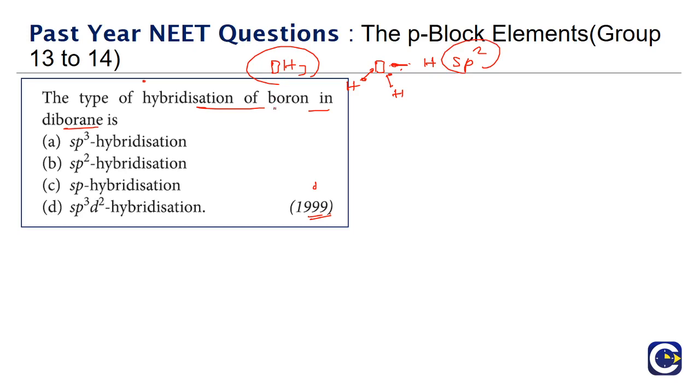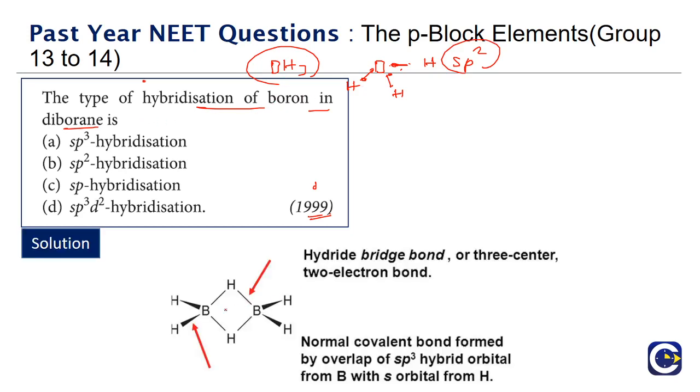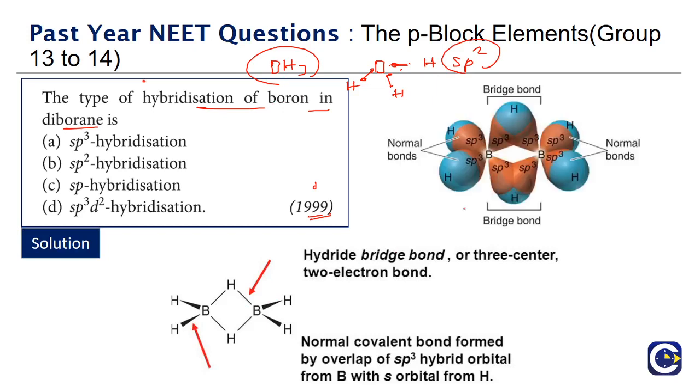But they are not asking about BH3, they are asking about diborane. In diborane, each boron will have sp3 hybridization, where the boron is bonded to two hydrogens by normal covalent bonds formed by the sp3 orbitals. So each boron will have 4 sp3 orbitals.